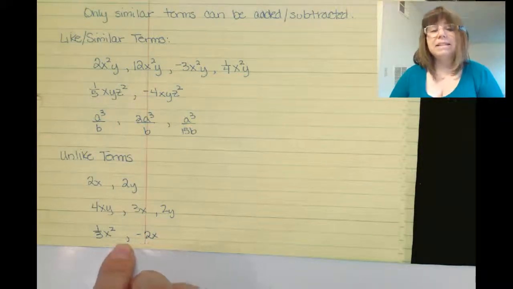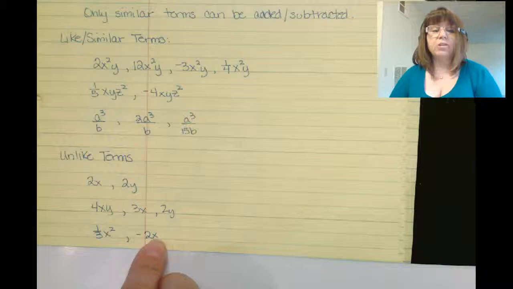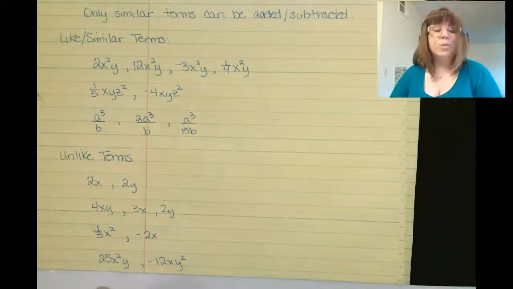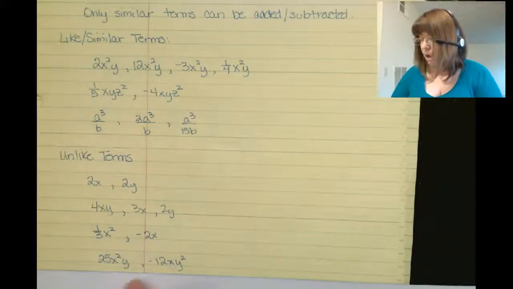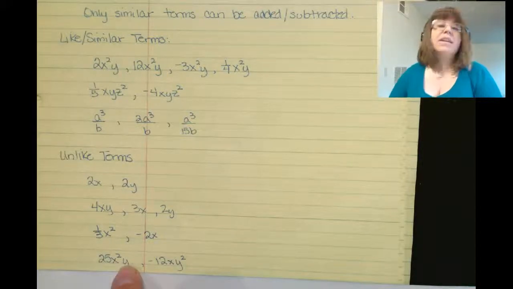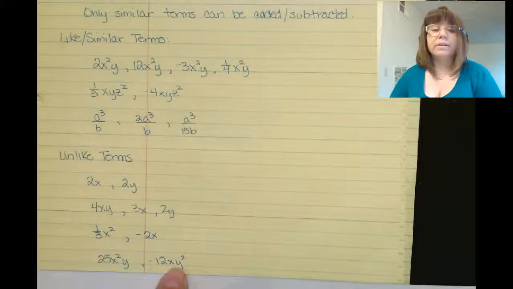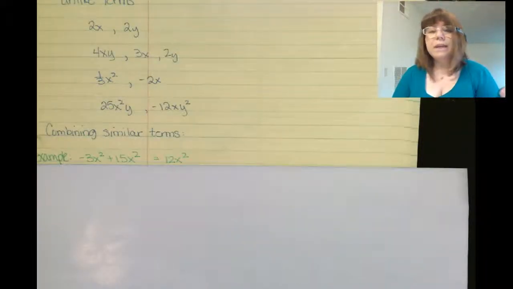Again, although they have the x in common, one of them is x squared and the other is x. They are not like terms. They are unlike terms. And 25 x squared y and negative 12 xy squared. Again, don't be fooled just because I have a 2 for an exponent and an x and y that they are the same. The exponent has to be the same on the variable. So an x squared is not the same as an x, and a y is not the same thing as a y squared.